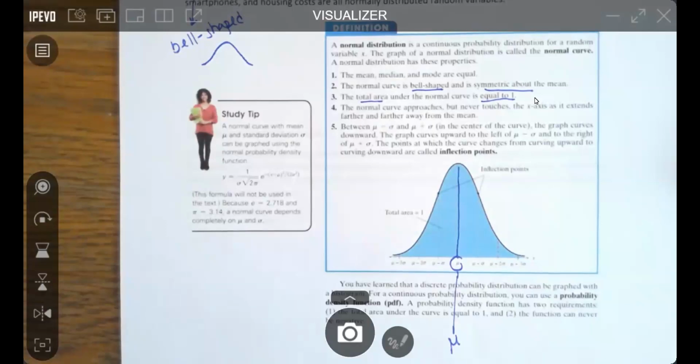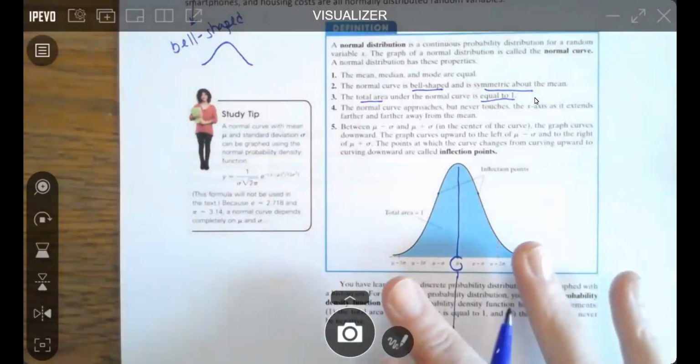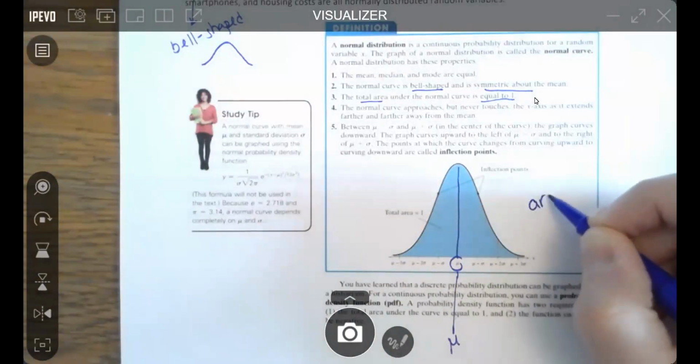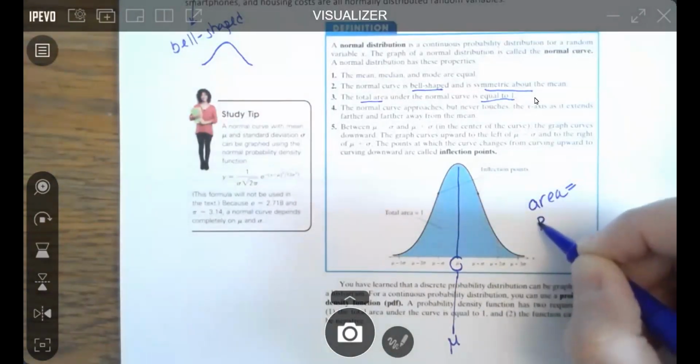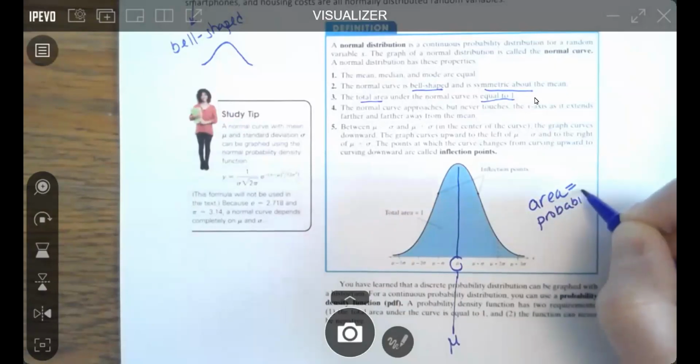Here, because our values are continuous and there are infinitely many, we can't actually list them in a table. So we use a graph to help us here, but still the same idea is that the total of those probabilities is going to be 1. And what we see graphically is that area under the curve and probability end up being the same thing.